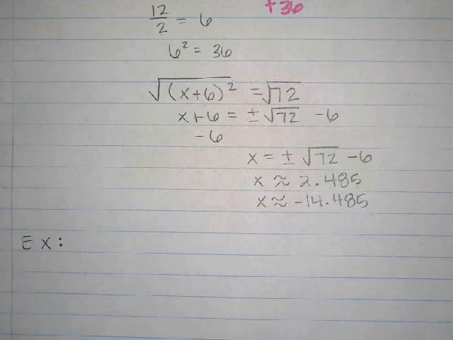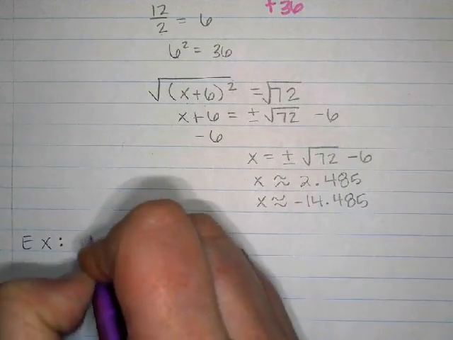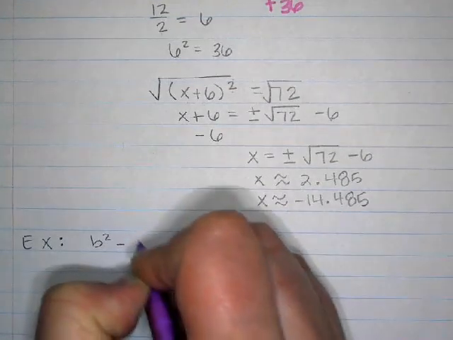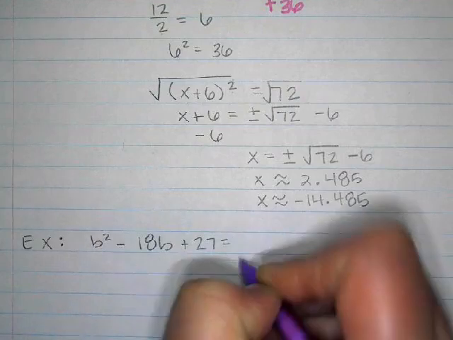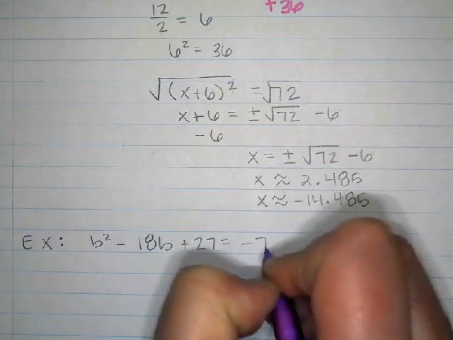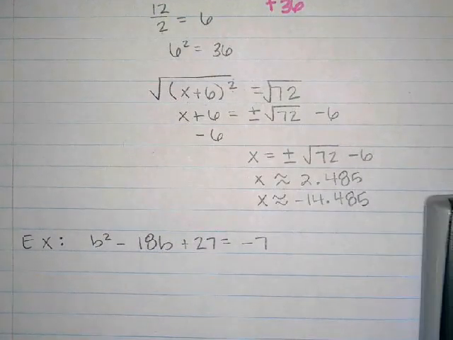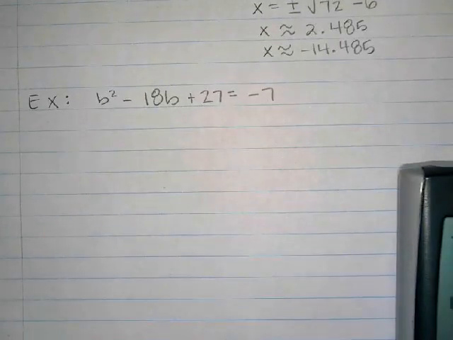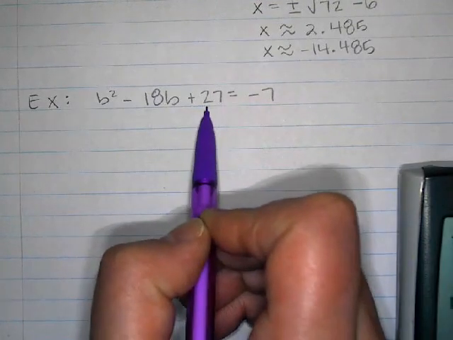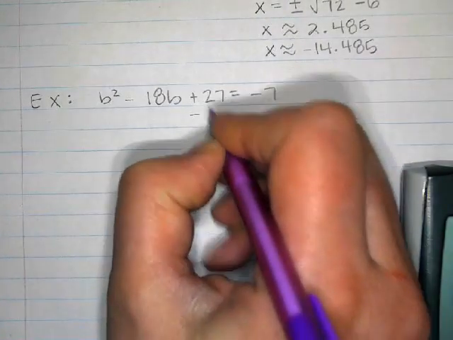Okay. Let's try b squared minus 18b plus 27 equals -7. So what's the first step? Okay, so first step is to take the constant. Constant is just a number without a variable.